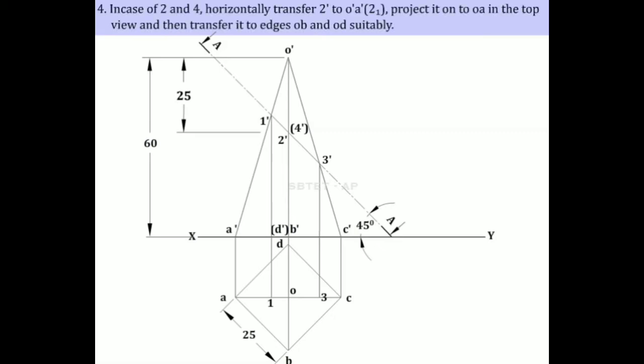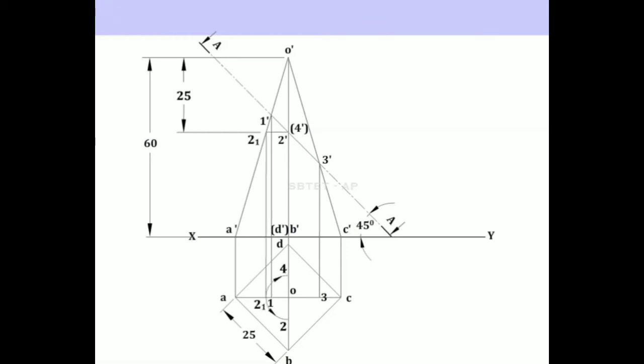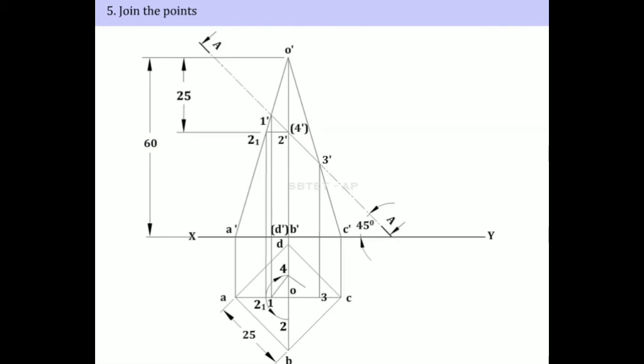In case of points 2 and 4, horizontally transfer 2' to O''A', project it onto OA in the top view, and then transfer it to edges OB and OD suitably. Join the projected points and complete the section.